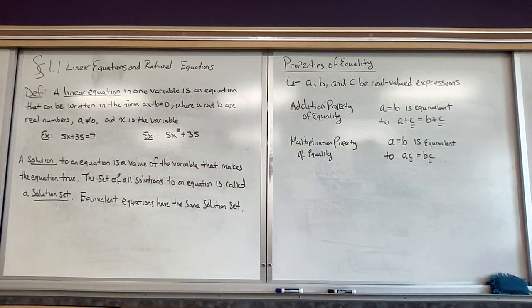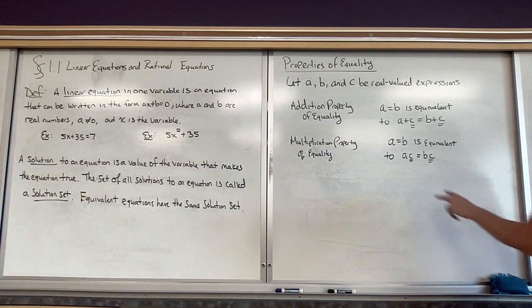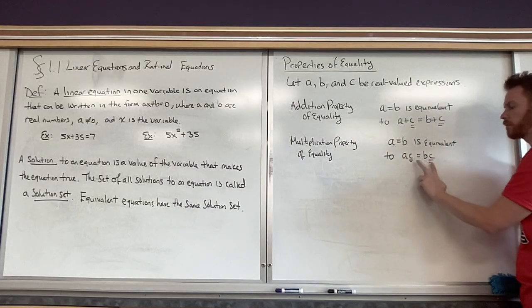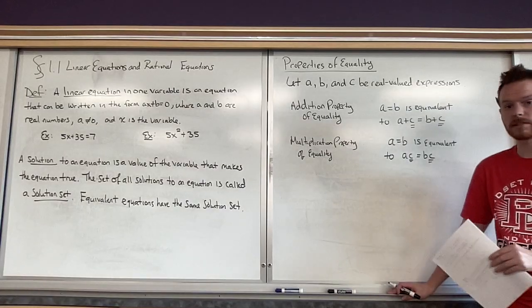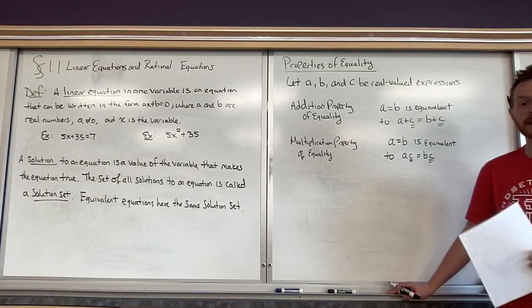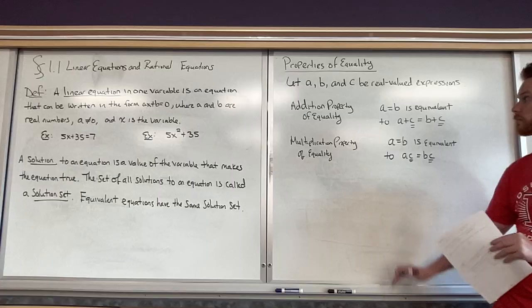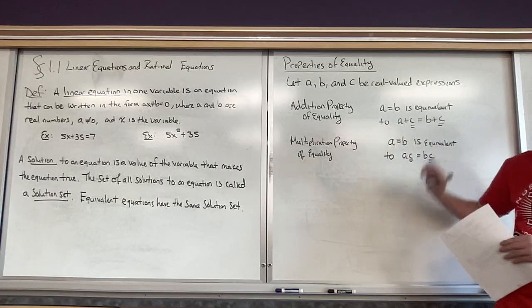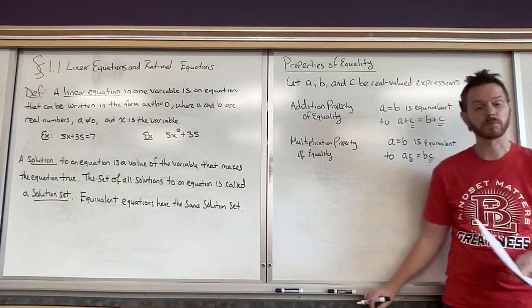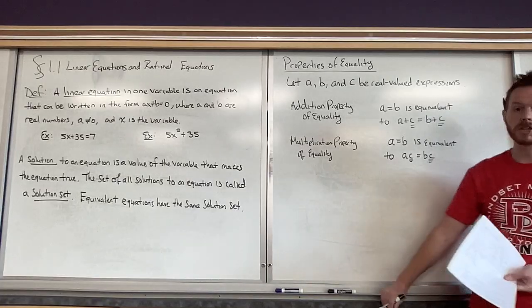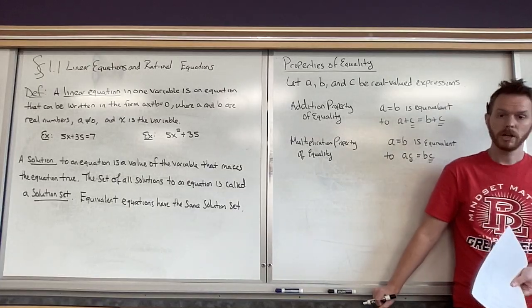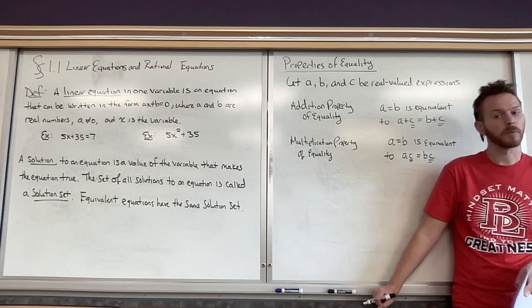In other words, if these were the same number, like 10 and 10, and I multiply both sides by 3, I get 30, 30. They're still the same. Notice we don't have division or subtraction on this list. Adding a negative number is the same thing as subtracting, so that takes care of subtraction. With multiplication, we can multiply by the reciprocal. So instead of dividing by 5, we can multiply by 1/5.